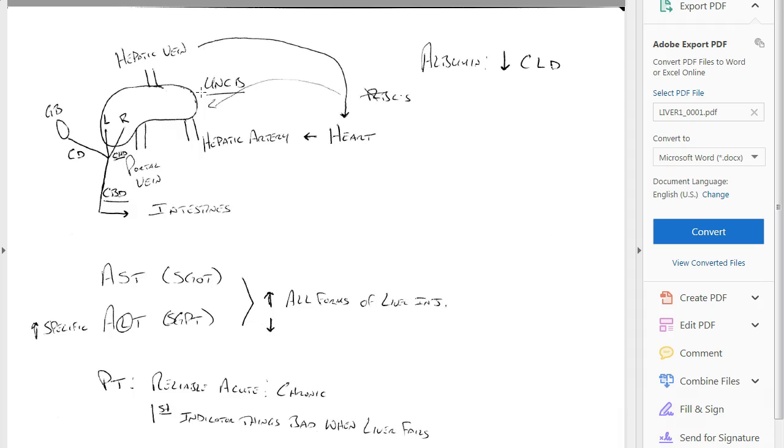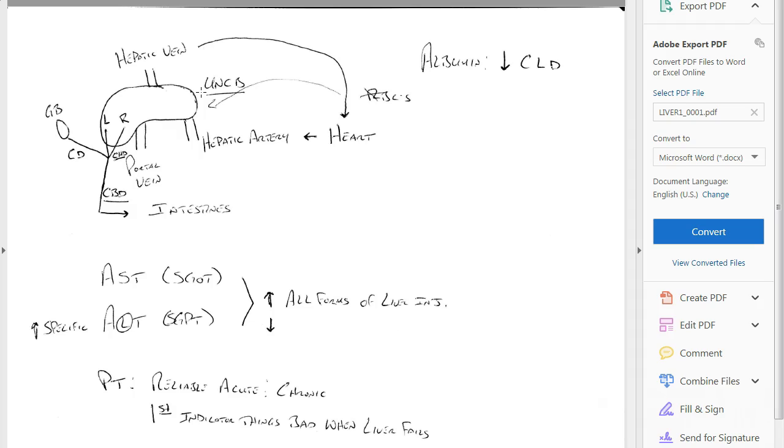On your 14 you'll have your AST, your ALT, you'll have an albumin, and you'll have a total bilirubin, right? So we already talked about we also need to get PT and INR, and your alk phos will be on that 14 as well. We need to get a PT and INR. We need to get a GGT, if that alk phos is elevated, to make sure it is coming from a hepatic source. And then you also want to get a direct and indirect bilirubin.